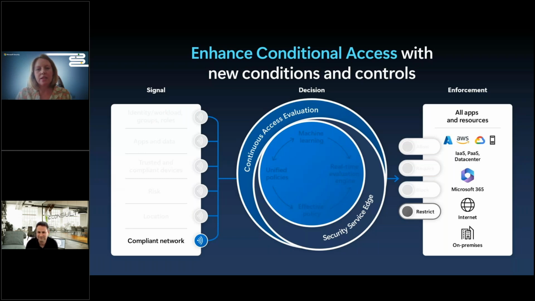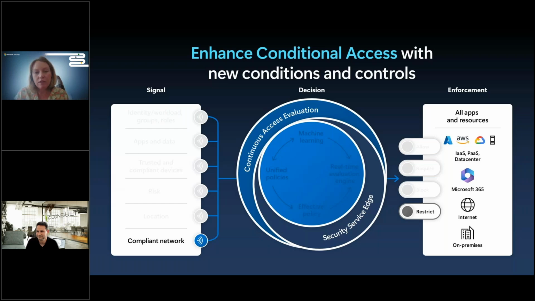Thanks, Ben. Okay, so back to this visual of the conditional access policy engine. Due to the integration of the identity and network access controls, you get more integrated capabilities.